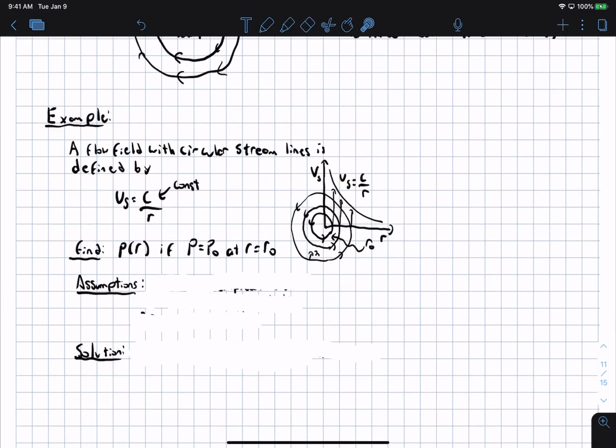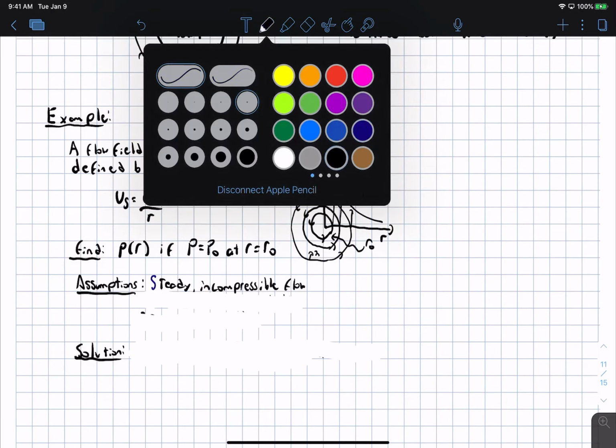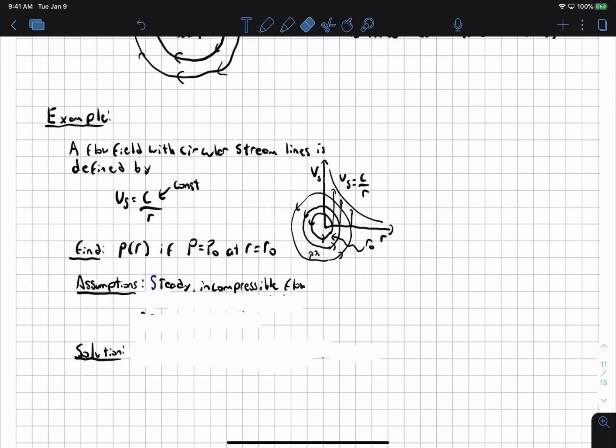Okay, so where do we begin? Well, we have circular streamlines, and R is the normal direction, so we need to use F equals ma across streamlines. In order to do that, we need to assume that the flow is steady, that viscous effects are negligible, and that gravity is negligible.